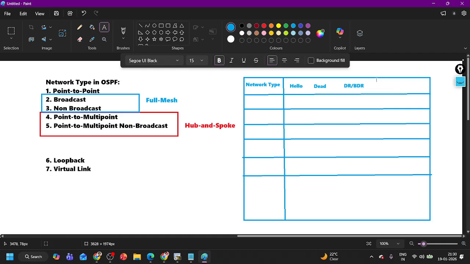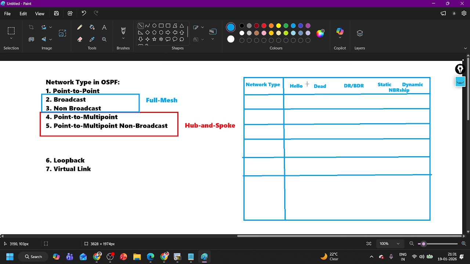And then you can see neighborship, static neighborship and dynamic neighborship, where we can configure static neighborship and where we can configure dynamic neighborship.